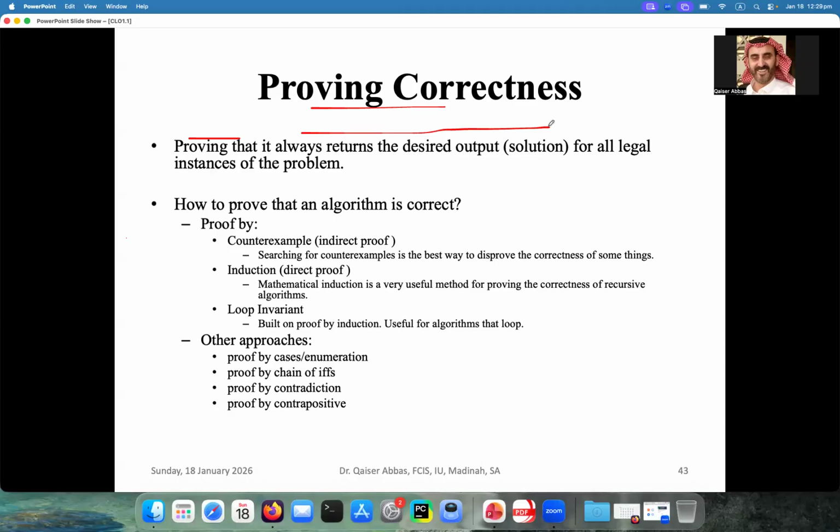It should always return the desired output for all legal inputs of the algorithm, for all legal different types of data. How can we prove that the algorithm is correct? There are different approaches here, highlighted with bulleted items: three here and maybe four here.